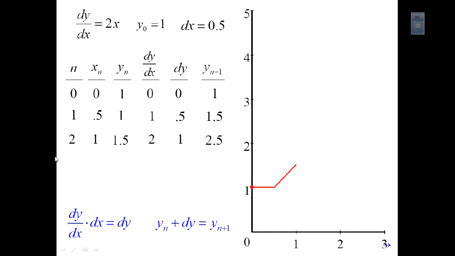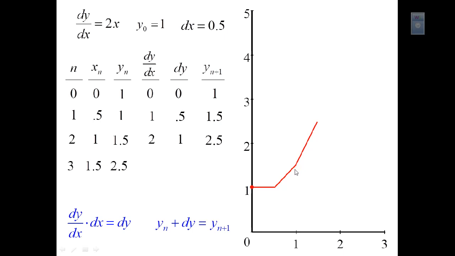So now in my third iteration here, my x value is going to be 1 plus 0.5, so 1.5. My new y is going to be 2.5. So I would go over here and plot that value, right about in here, and draw the line segment.